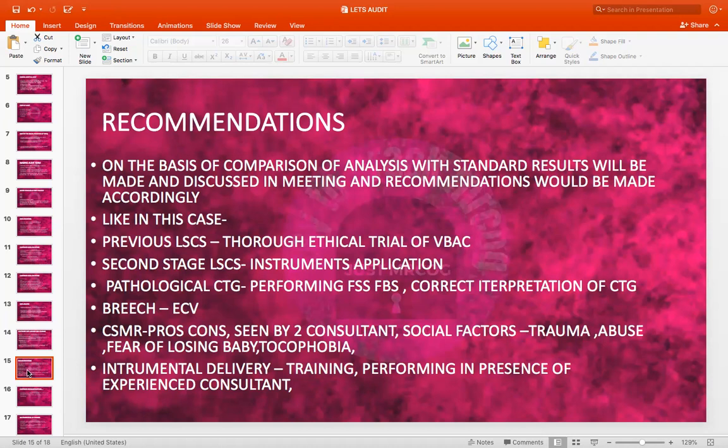Previous cesarean, VBAC trial. Pathological CTG, do the fetal scalp stimulation, do the FBS, and do the right interpretation of CTG. In the end, you can write one more recommendation: more training sessions, more skill and drill, more hospital conferences for external cephalic version, fetal blood sampling, fetal scalp stimulation, and CTG interpretation teaching sessions should be there. So these would be your recommendations. It is so very simple.